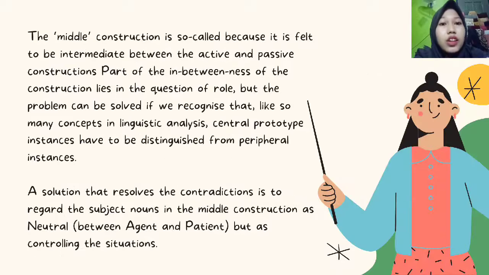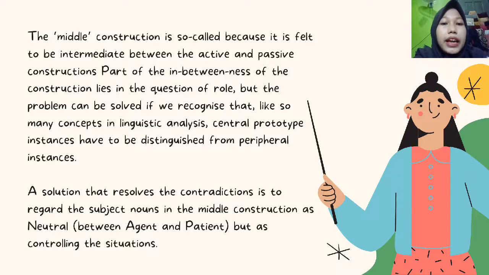The middle construction is so called because it is felt to be intermediate between the active and the passive construction. Part of the in-betweenness of the construction lies in the question of role.